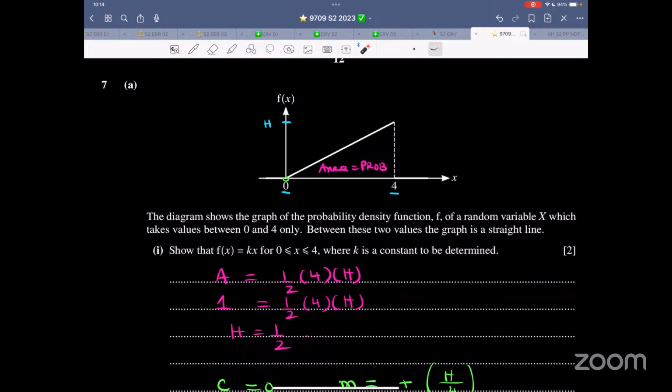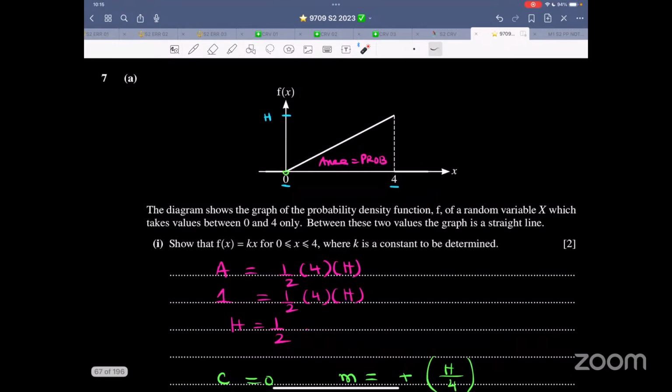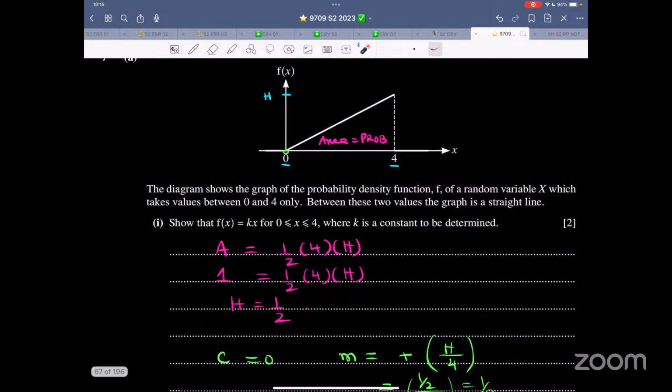So now look at this. The diagram shows the graph of a probability density function of a random variable X, which takes values between 0 and 4 only.